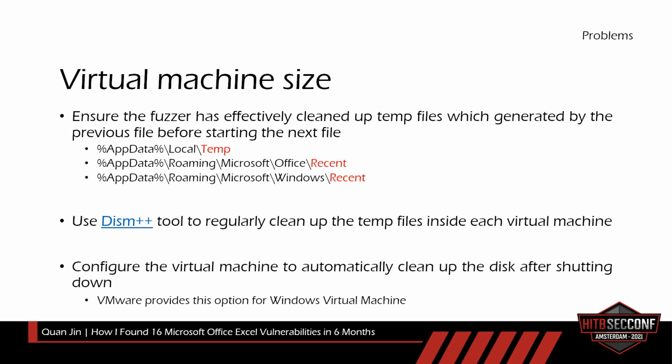In this way, the size of each virtual machine will be automatically reduced after shutdown, and can be restored to the original size at a fixed interval, such as a few weeks, thus creating a basis for continuous fuzzing.